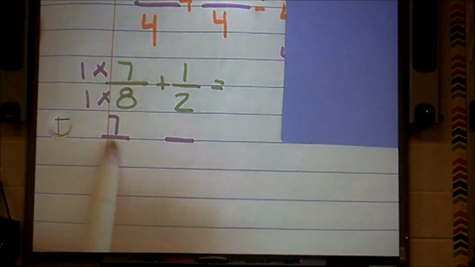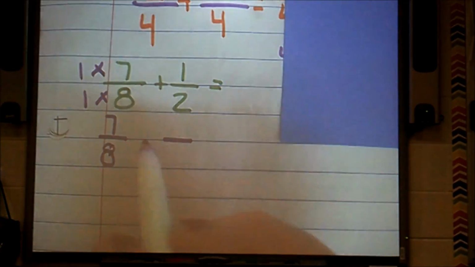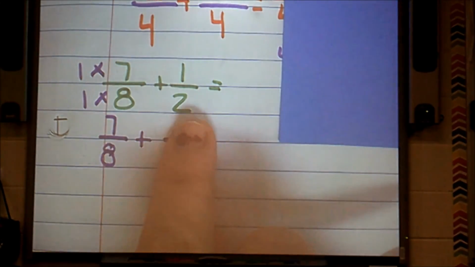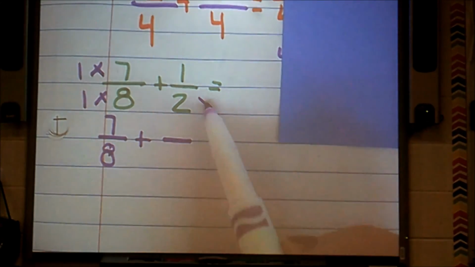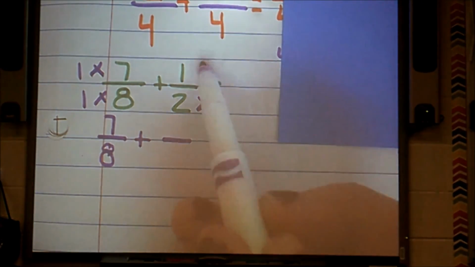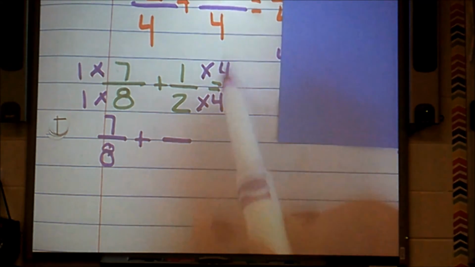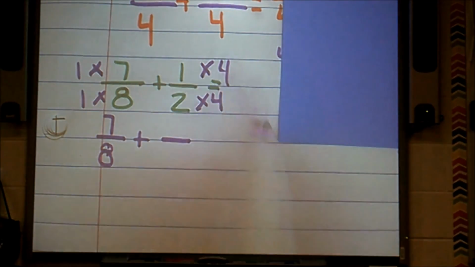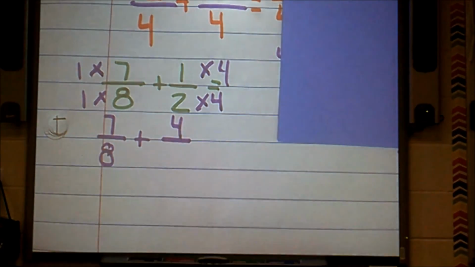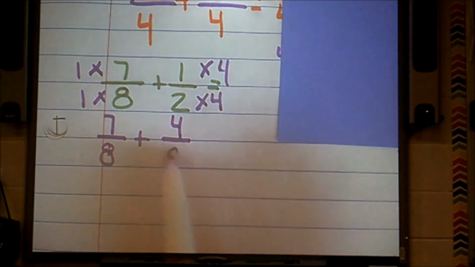And 1 times 8 is 8. Then I think, 2 times what number gives me 8? 2 times 4. And then I mimic the same process for my numerator. 1 times 4 is 4, and 2 times 4 is 8.